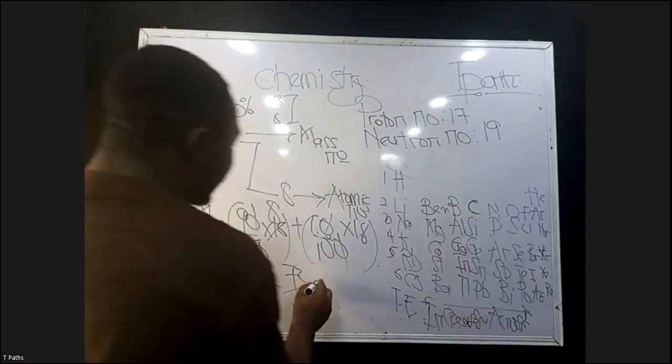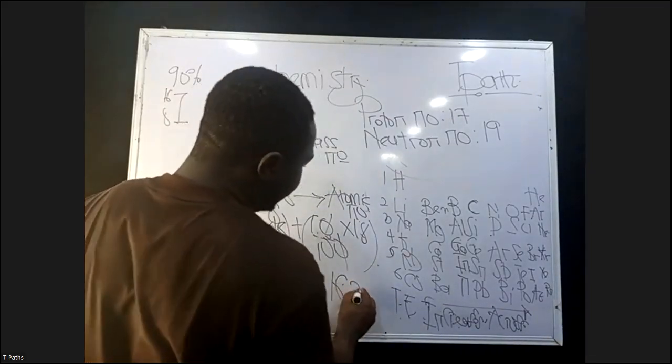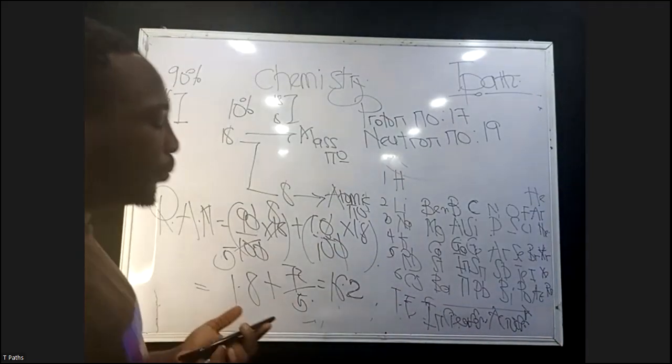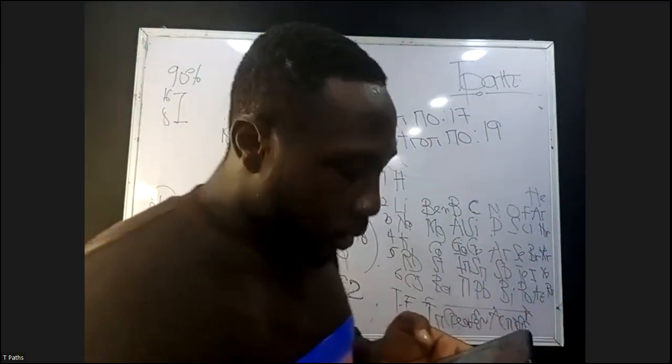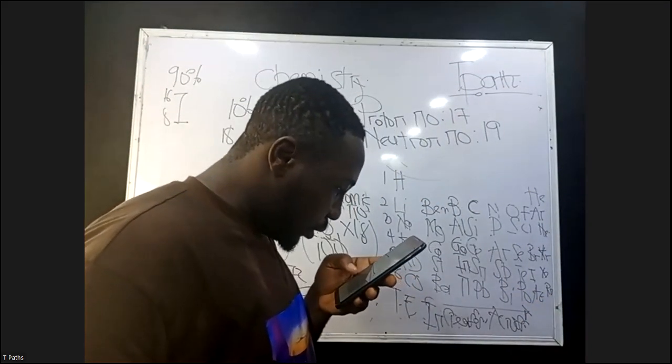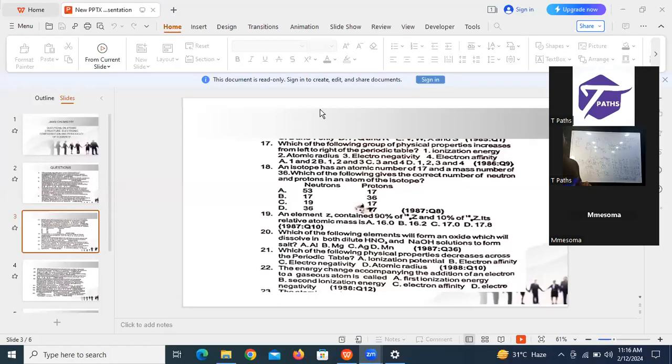So the answer is 16.2. Looking at the options, 16.2 is option B. So expect things like this.